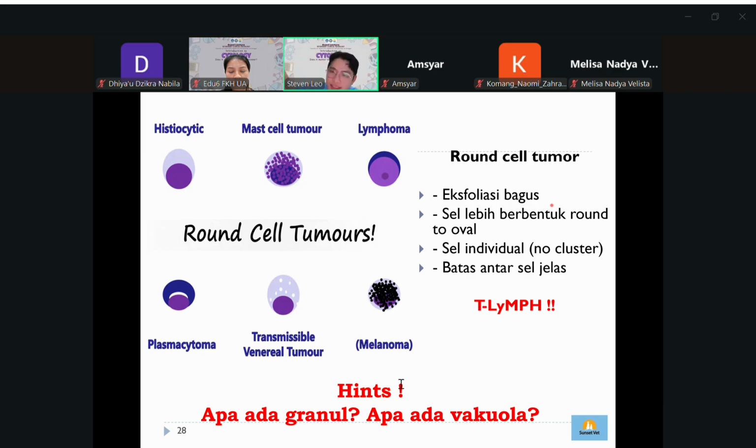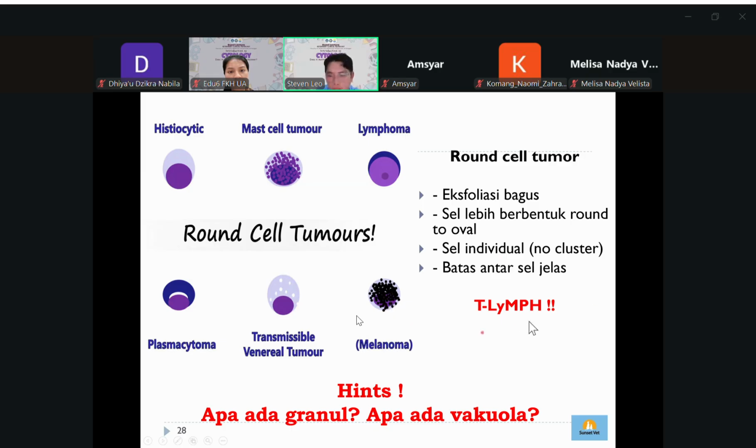You just sneak the needle in and you get the cells because they exfoliate very well. Some cells will be round, some will be oval. It doesn't matter as long as the margin is clear, it must be a round cell. The margin between one cell and another is clear.